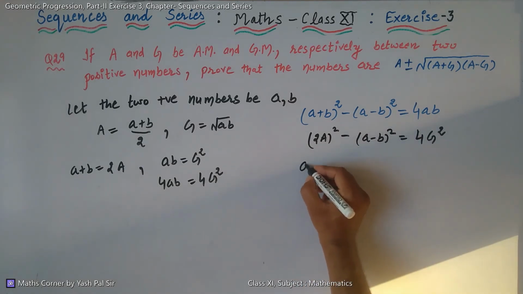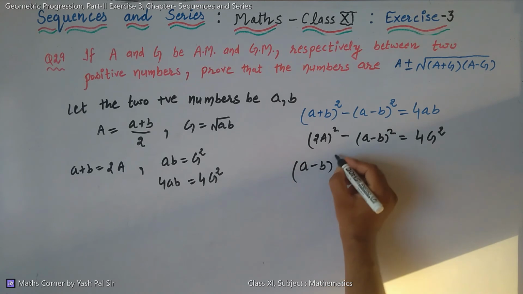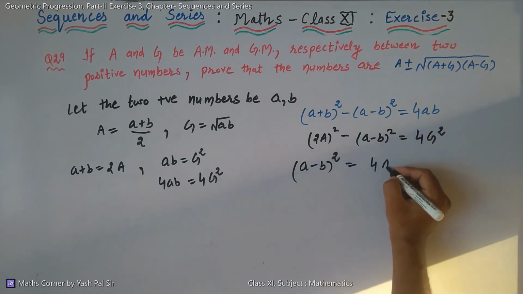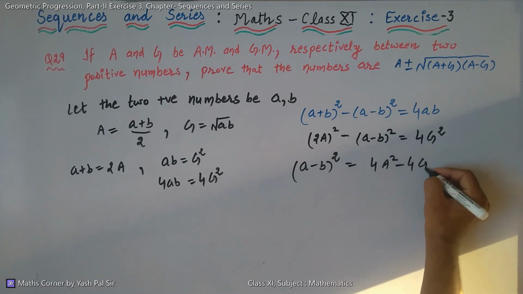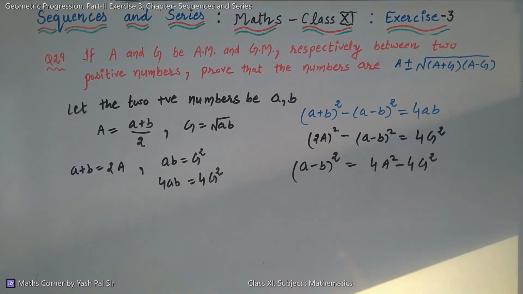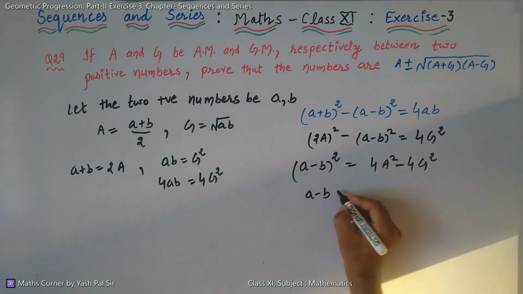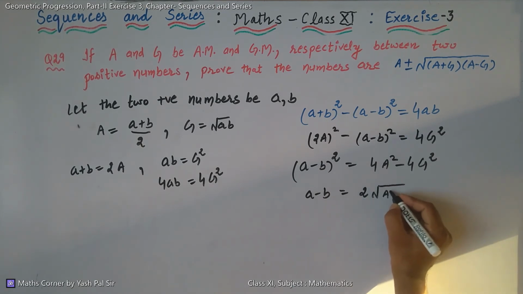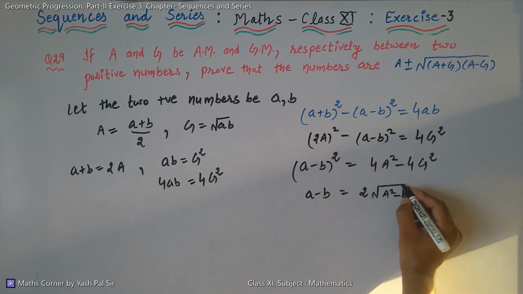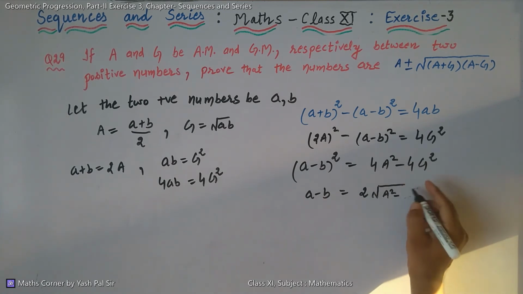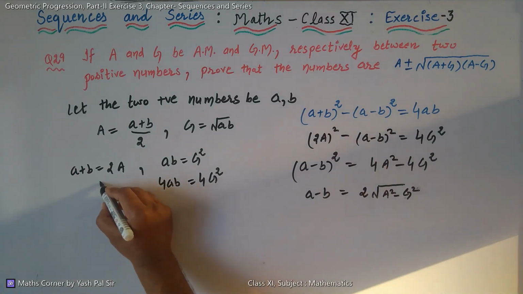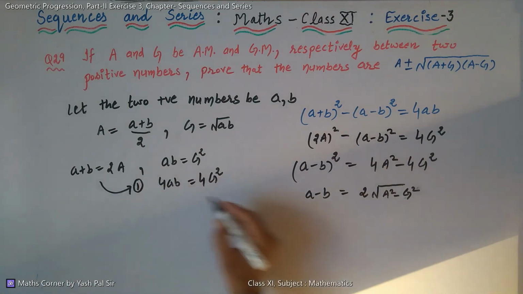This becomes (a minus b) whole square is equal to 4A square minus 4G square. Now taking square root on both sides, we have a minus b is equal to 2 square root of A square minus G square, right? Suppose this is number 1, now this is number 2.